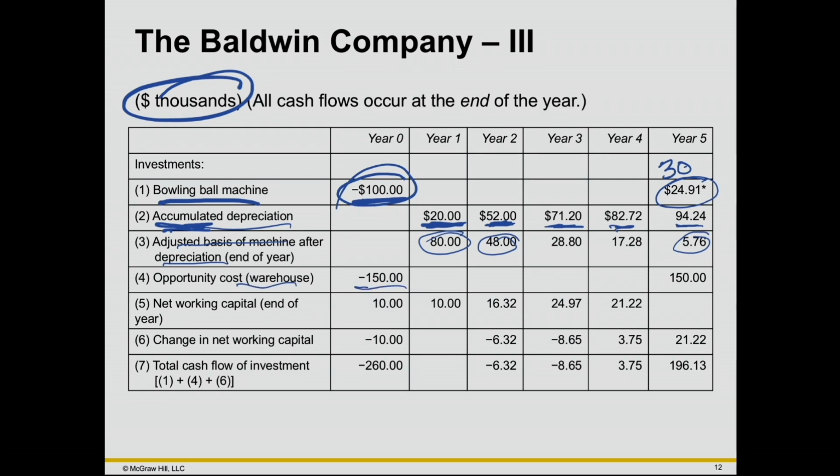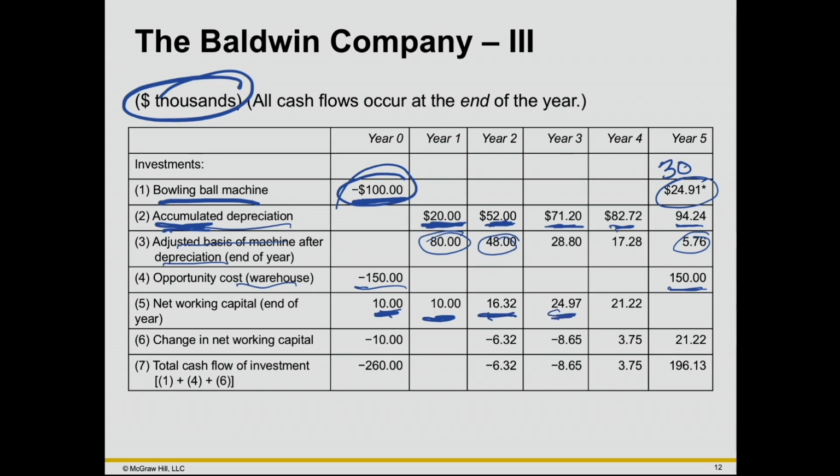Warehouse, 150,000. We're assuming here that at the end of this project, we'd be able to sell it for exactly the same amount that we're using as an opportunity cost here. Net working capital. We start off with 10, and that stays that way for the first year, but then the second year, it's going to go up a bit.